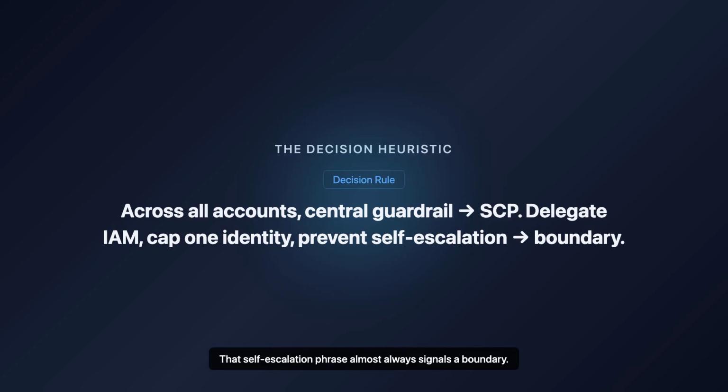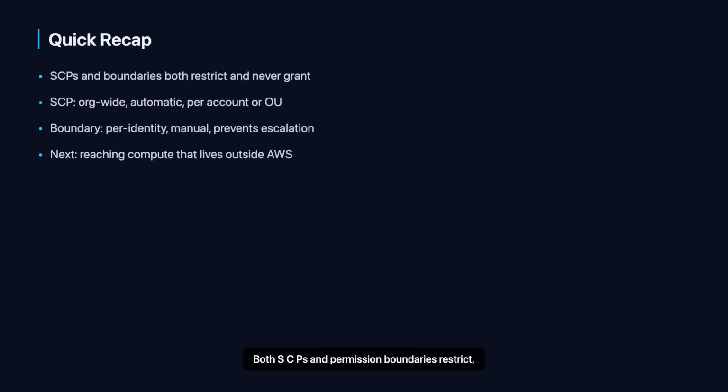That self-escalation phrase almost always signals a boundary. Quick checkpoint. Both SCPs and permission boundaries restrict, and neither one grants. The SCP is organization-wide, automatic, applied per account or OU. The boundary is per identity, manual, and it's your escalation prevention tool.